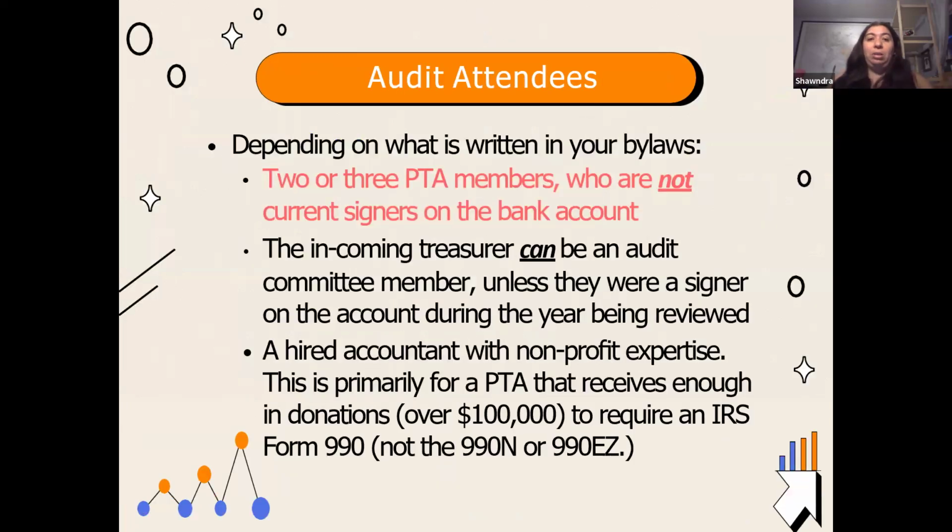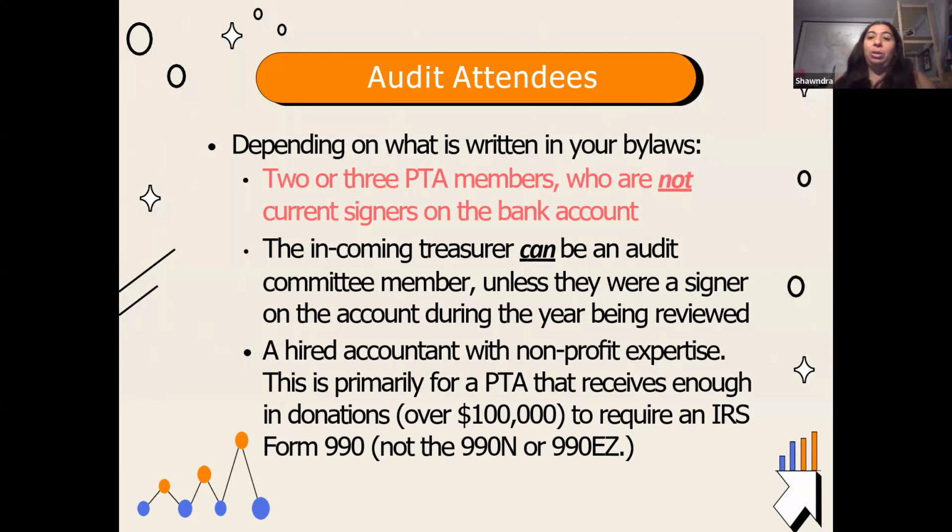Depending on what is written in your bylaws, your audit attendees may look a little bit different, but typically it's 2 to 3 PTA members who are not current signers on the bank account. So if your president, vice president, and treasurer are signers on your account, then 2 or 3 other members who are not those offices, which is good, again, because we're trying to be accountable with the money, and we want to be accountable to everybody in the PTA.